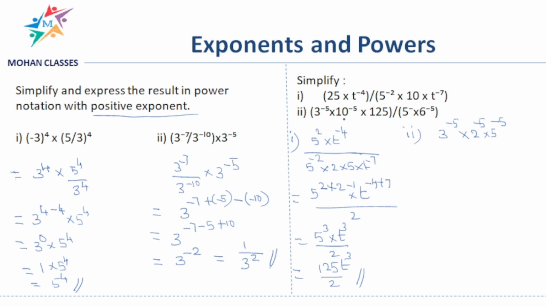What I did: this 10 I have split into 2 into 5 and applied the power. Okay, into 125. 125 can be written as 5 to the power of 3, divided by 5 to the power of minus 3.